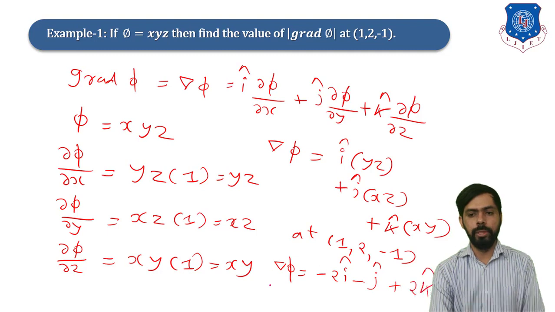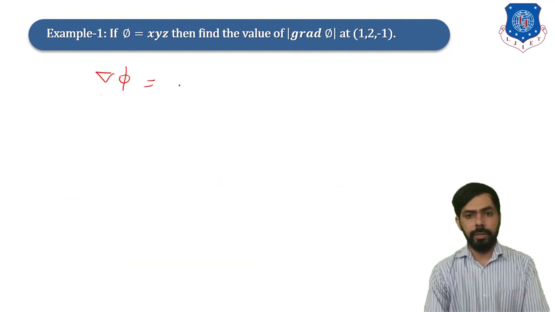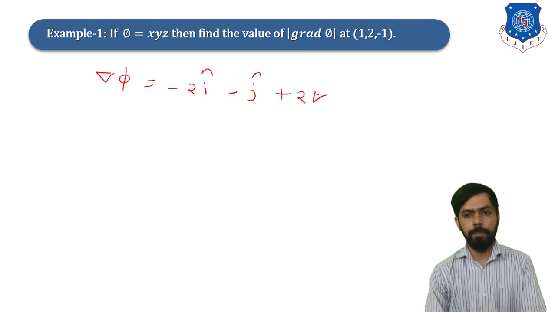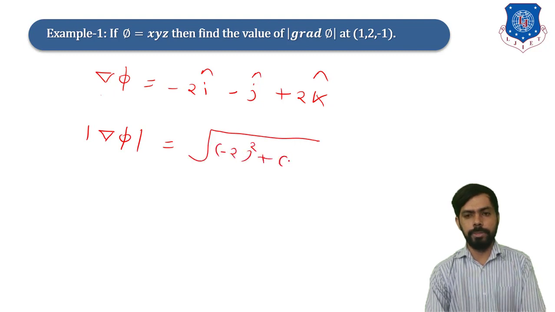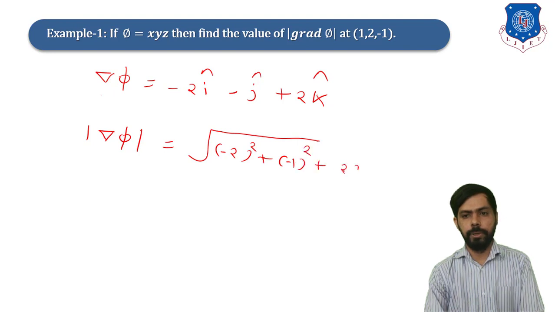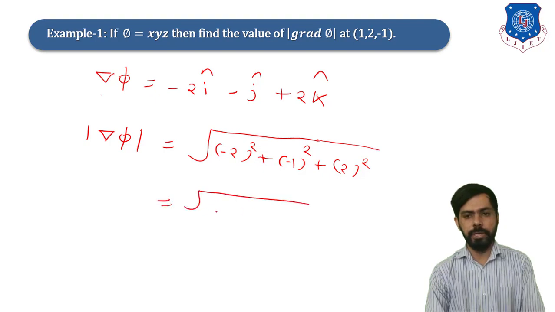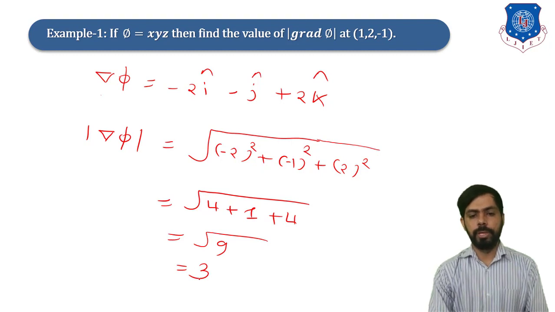So grad phi is -2i - j + 2k. But as we have to find the magnitude of gradient phi, it will be the square root of (-2) squared plus (-1) squared plus 2 squared. Clear? If we simplify this, it will be 4 plus 1 plus 4, so the square root of 9, which is 3. So this is the answer of example 1.